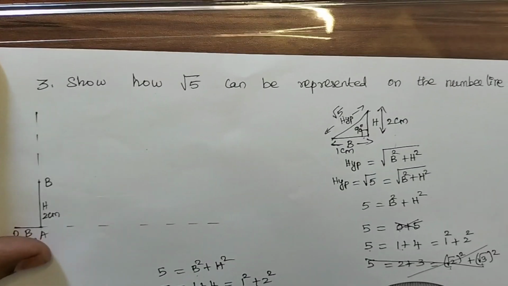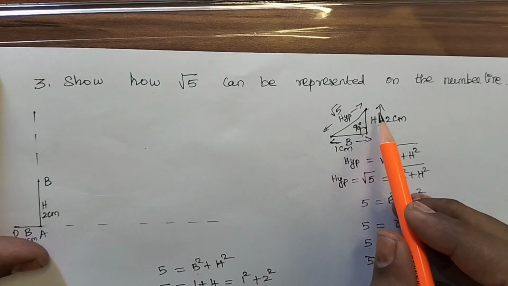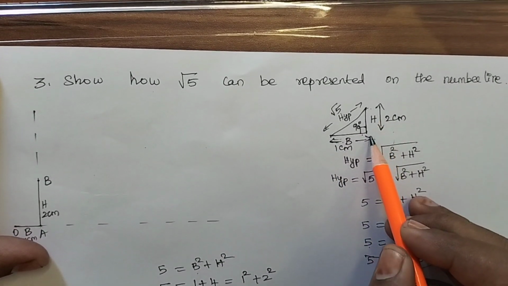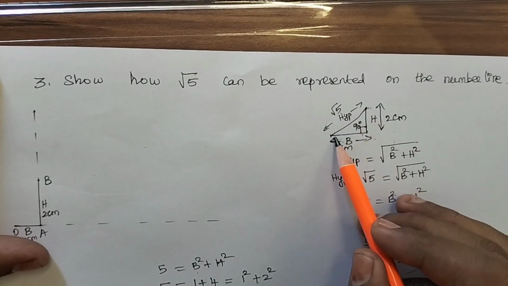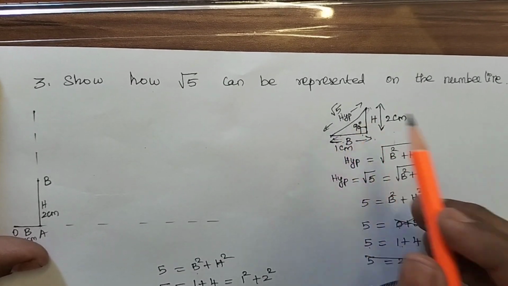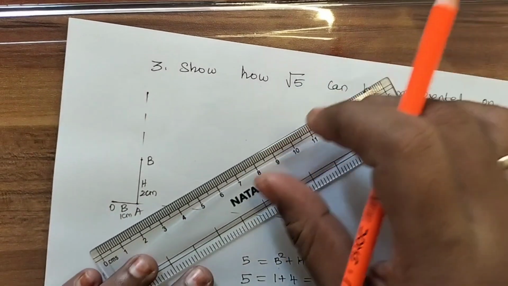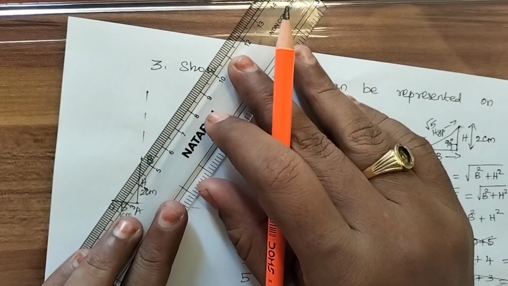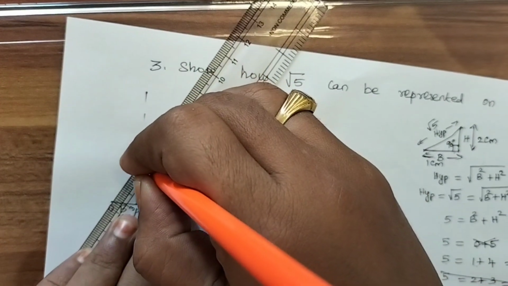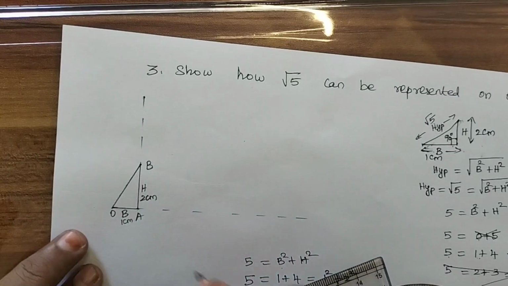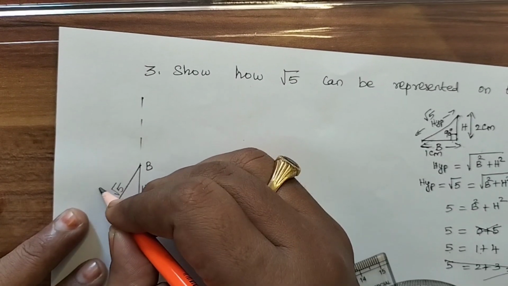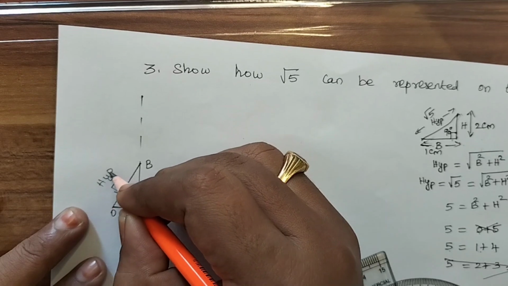So now according to the Pythagoras theorem, when I take 1 centimeter here as base, 2 centimeters as height, definitely my hypotenuse will be equal to what? Root 5. So just join the vertices O and B. Definitely this measurement is going to be root 5. It is nothing but the hypotenuse.